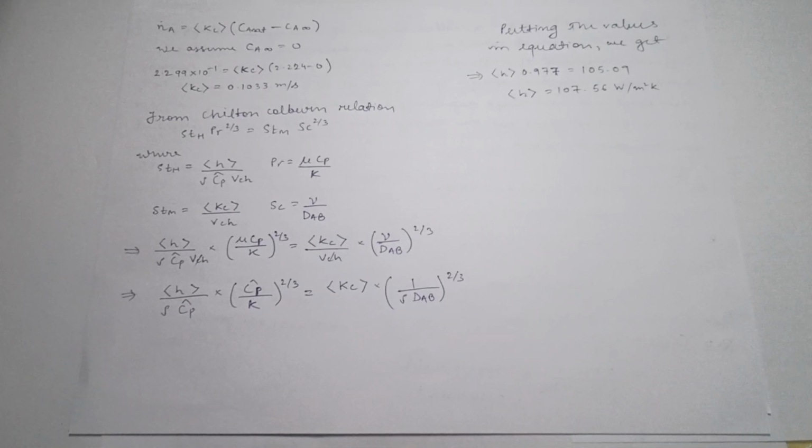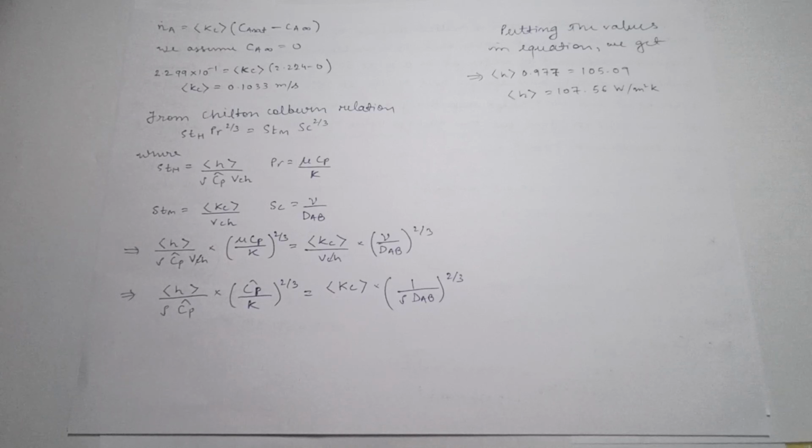We used the Chilton-Colburn relation instead of Reynolds analogy, because in Reynolds analogy we assume the Prandtl number and Schmidt number as 1 for gases, but here we have been given the values and we have also been given the relation. That's why we use the Chilton-Colburn relation.